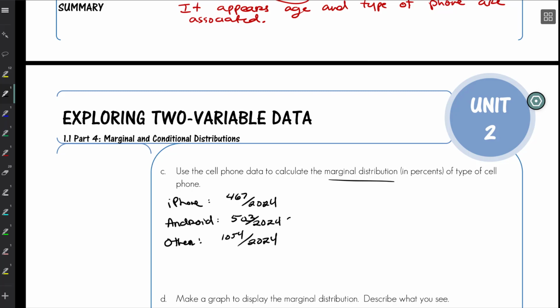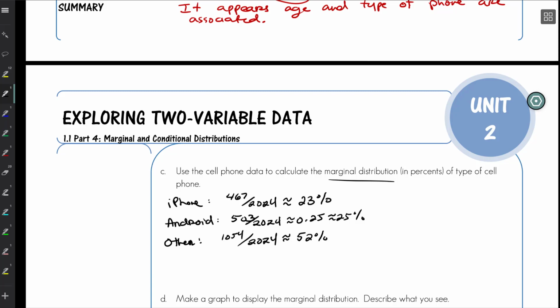Now, we knew the Android was about 25%. Then 467 out of 2024 is going to be a little bit less, and on my calculator that looks like about 23%. Then 1,054 divided by 2024 is approximately 52%.